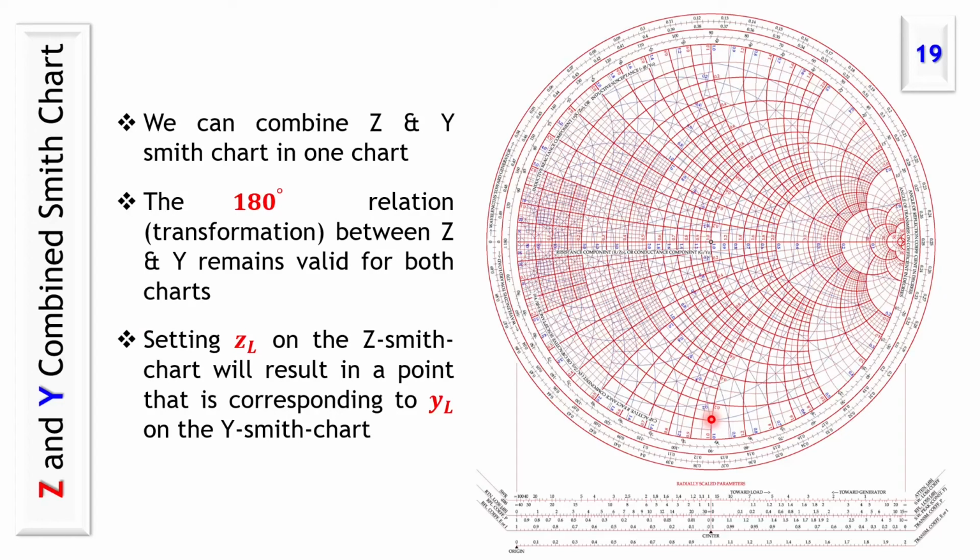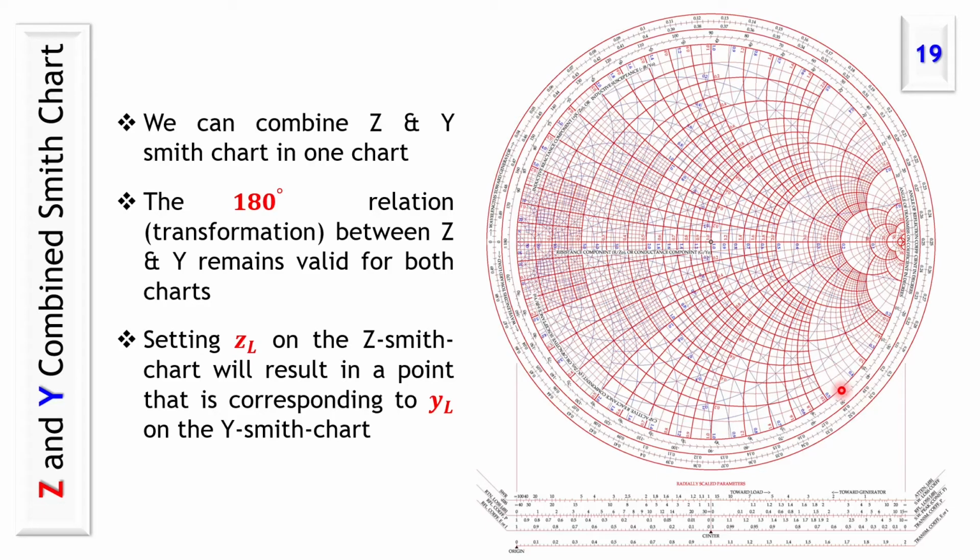There are some charts that combine both. So the red lines here are the same Smith chart that we explained for ZL. On the same graph, they draw other circles for admittance, and those blue curves are the admittance, the red curves are the impedance.